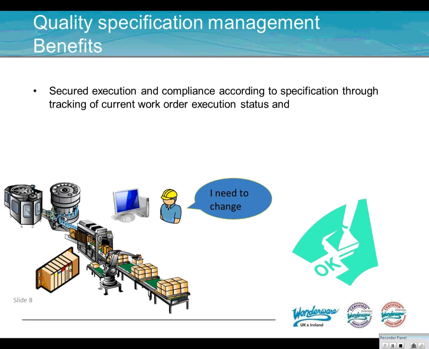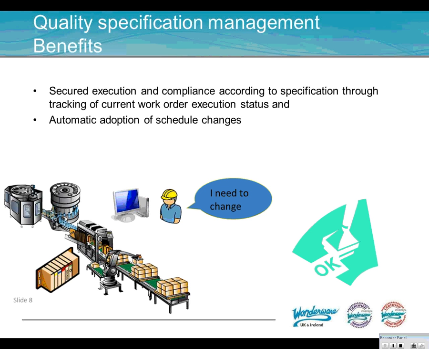So the benefits of having this approach for quality specification management is first of all ensuring that, according to the specification and tracking of the current work order execution status, you are collecting the correct data and complying with customer requirements for quality parameters. Being able to cope with schedule changes, so there might be a planned work schedule but that needs to be altered because of the situation on the plant floor.